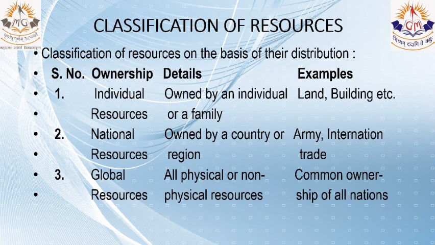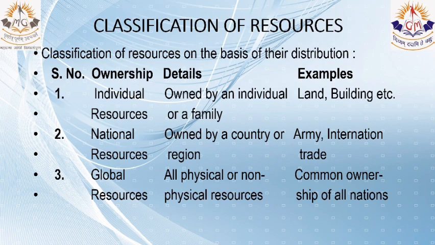So common ownership of all the nations, for example, the total vegetative cover that we have, if the level is maintained, then it is good for the earth. If the forest cover becomes less and less day by day, then whole of the earth is in grave danger.